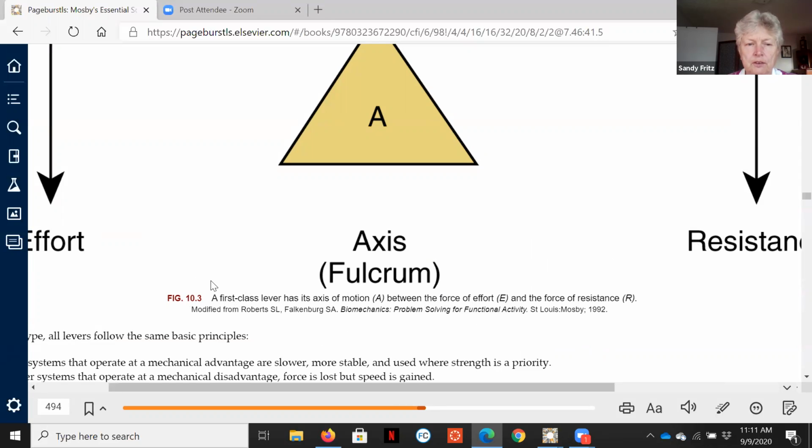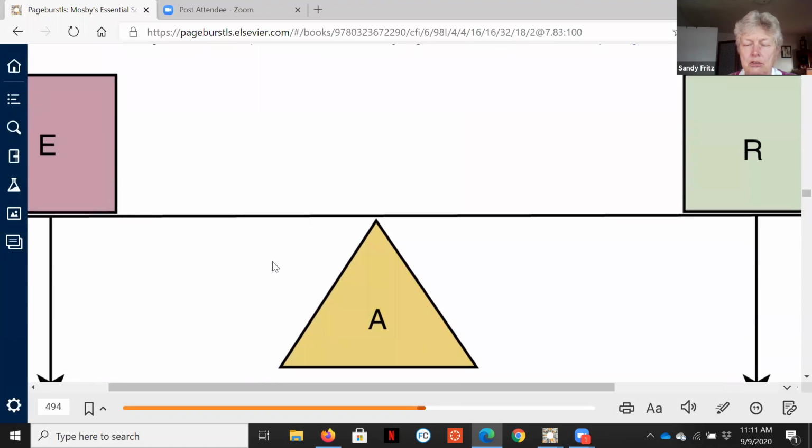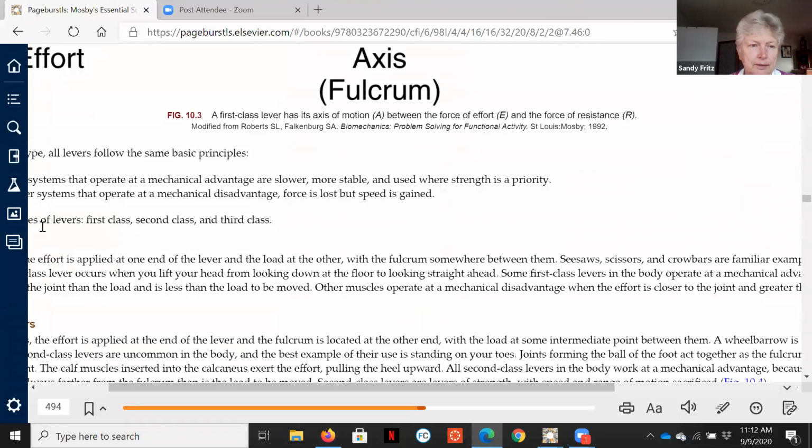A first class lever is more like a teeter-totter. If I were sitting here and somebody else were sitting here, this is where the joint would be, and here's where the bones would be. If there's more effort produced here, then this will rise. But if there's more resistance applied, then it will overcome the effort.